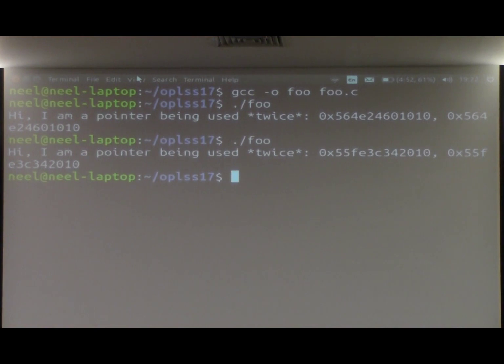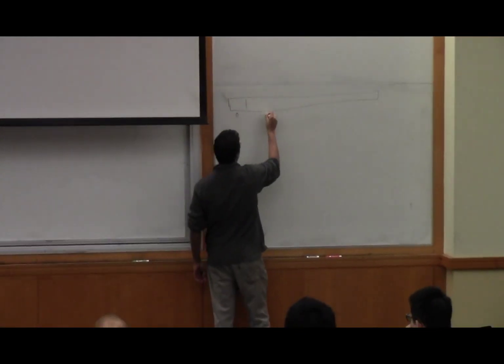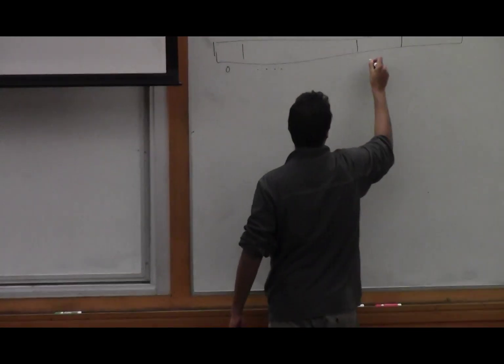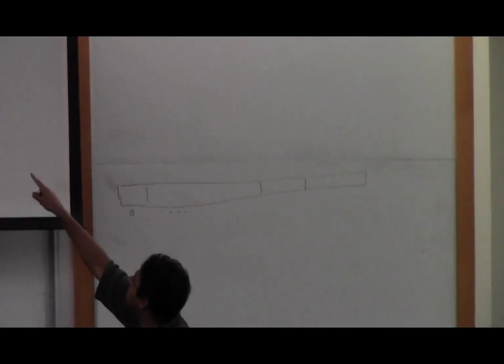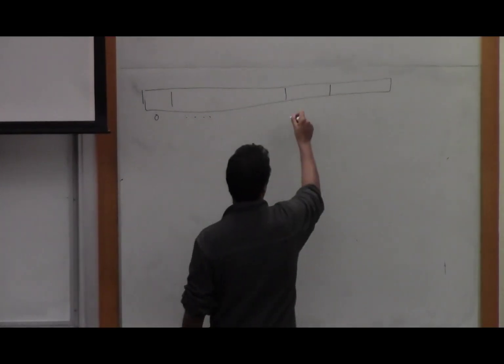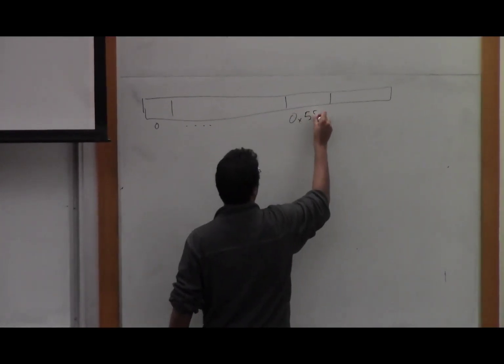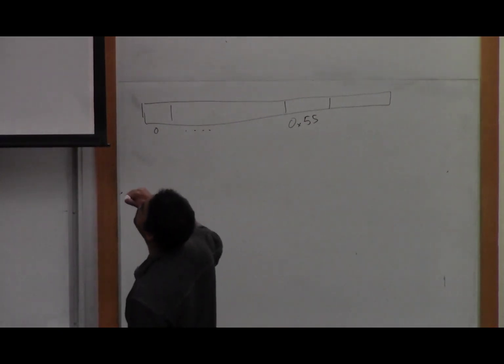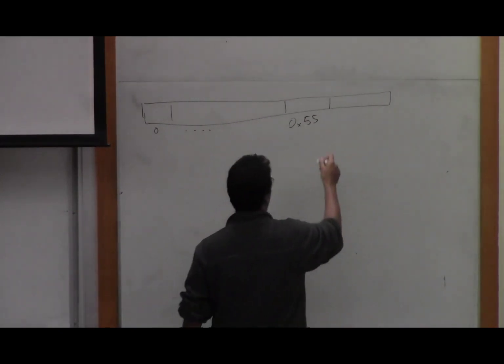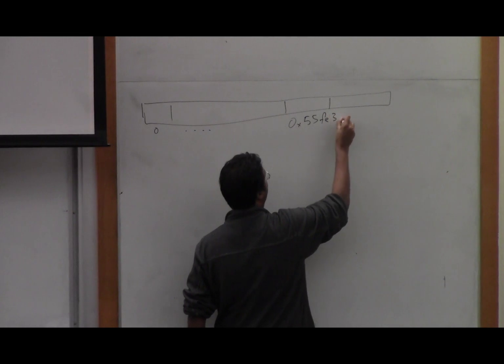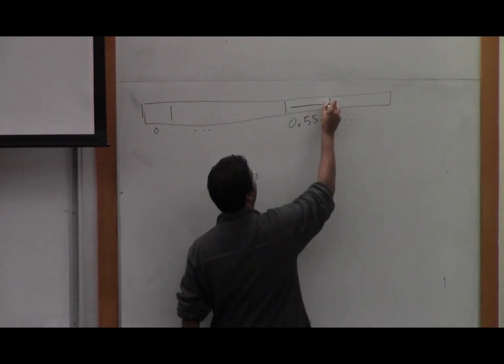So like our computer's memory is notionally a gigantic array starting at 0. And then at some point, which is 0x55, what did I write down? FE3 whatever, I get ownership of this block of memory.